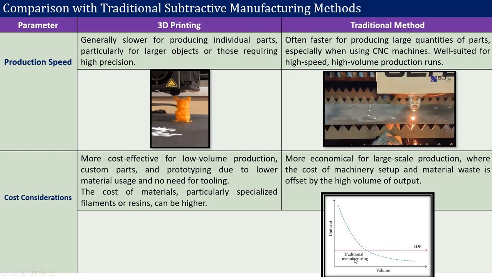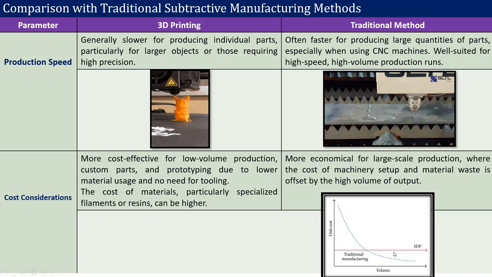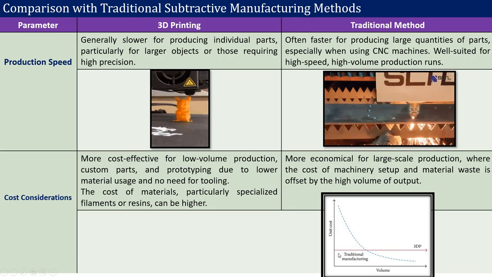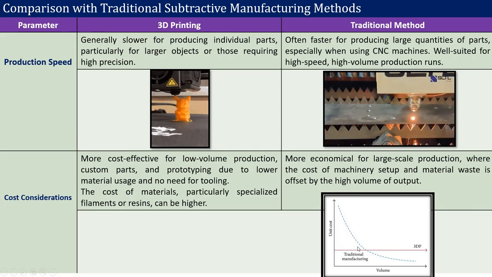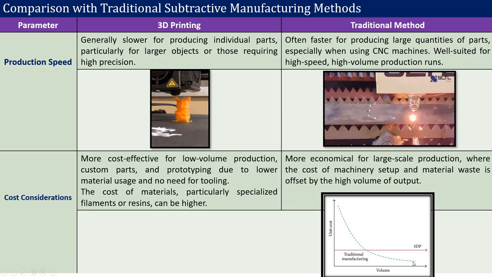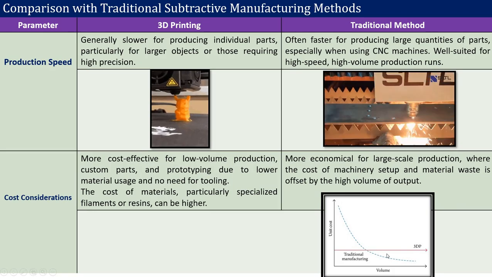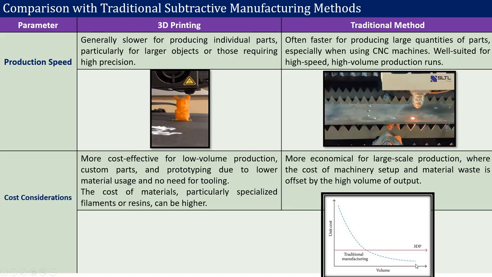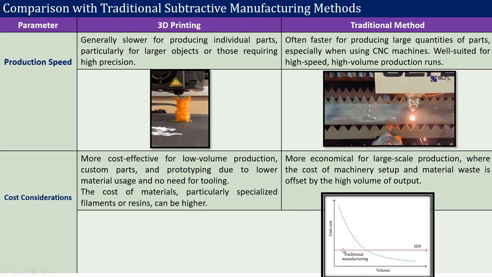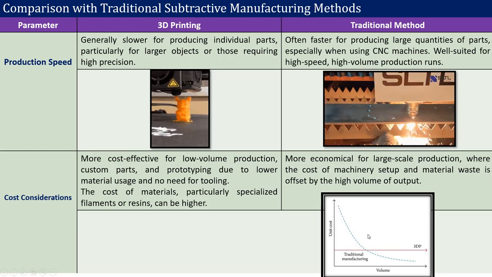If you see here, this is the blue graph for traditional manufacturing: if you are creating a large number of parts, the cost will be less, but if you are creating fewer parts, the cost will be very high.